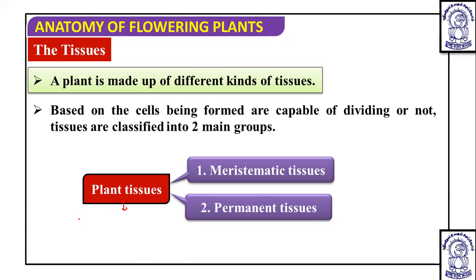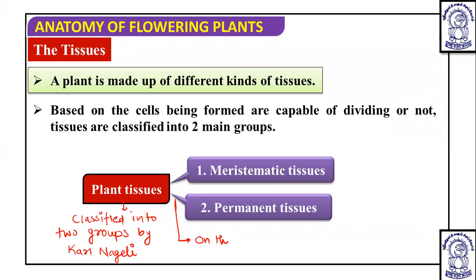He divided the tissue into two types, meristematic tissue and permanent tissue, on the basis of capability of division.